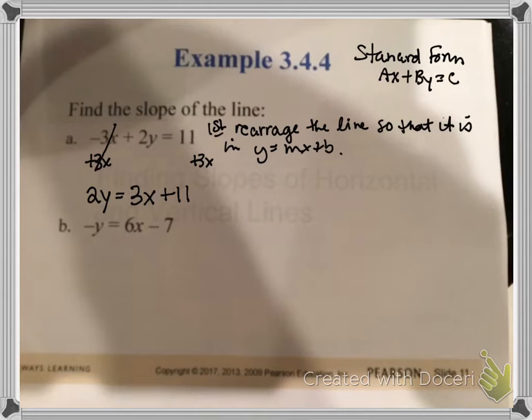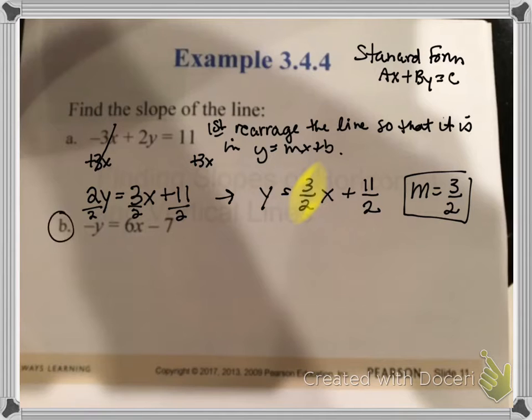The last step to get y by itself is to divide everything by 2. And I mean everything. So this becomes y equals 3/2 x plus 11/2. Now it's just asking me for the slope of the line, so all I have to do is read off whatever's in front of x. So m equals 3/2.